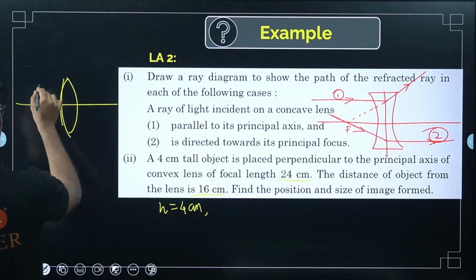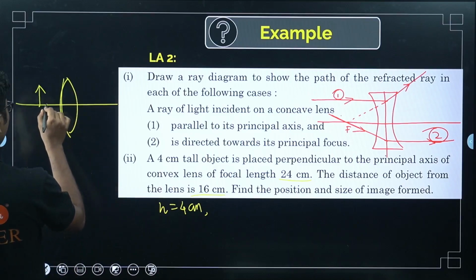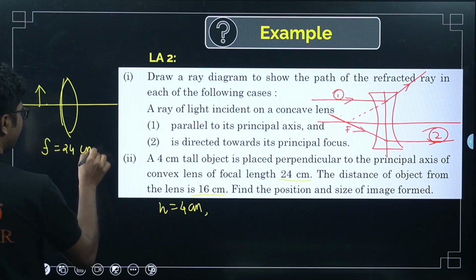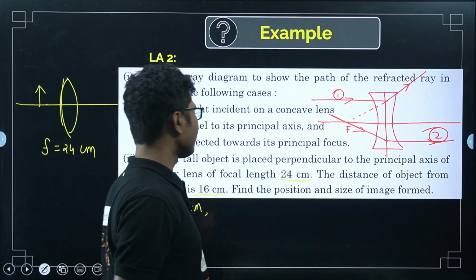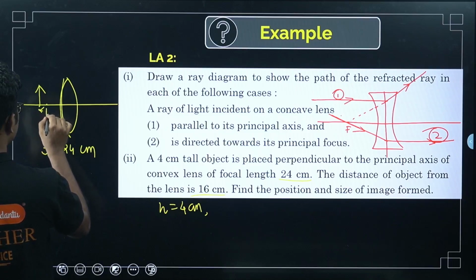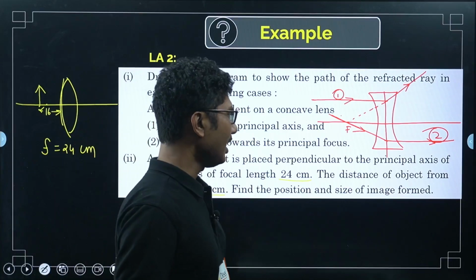Focal length is given 24 centimeter. The distance of the object from the lens is 16 centimeter.